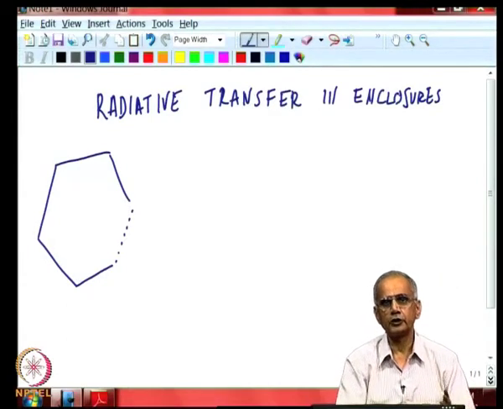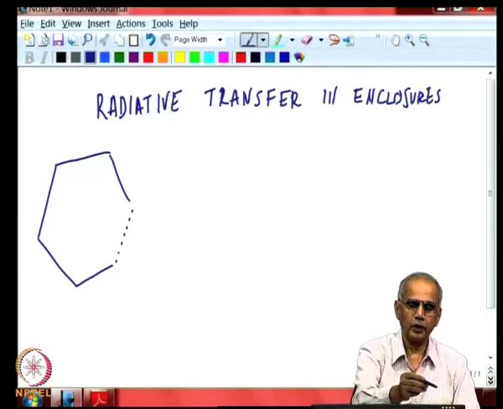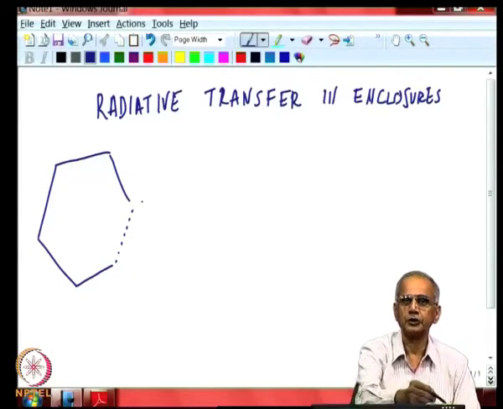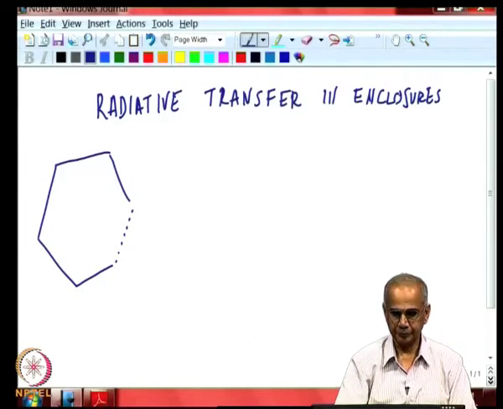The concept of enclosure is useful because ultimately the radiation leaving any one surface has to reach some surface in the enclosure. So, it is a closed system and it makes analysis of radiation transfer very easy.